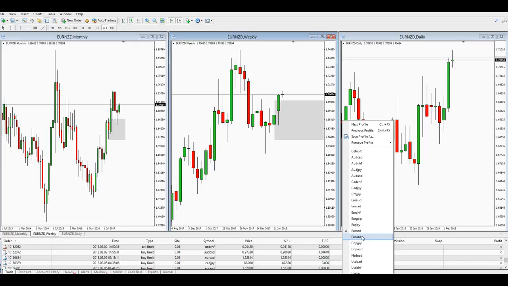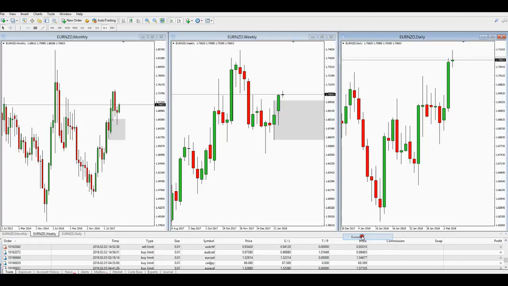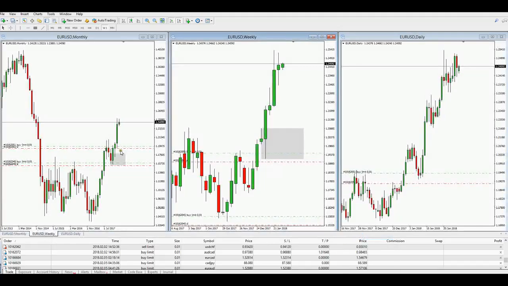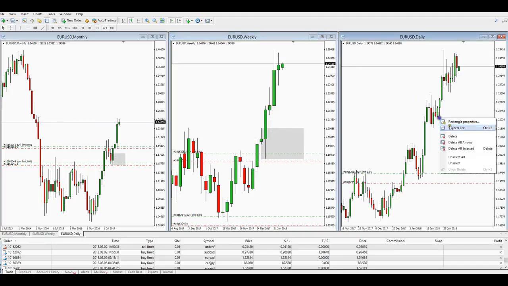There's plenty of opportunities, don't get me wrong, but I won't take them because I'm trying to filter my losses. Right, the euro dollar, monthly level, weekly level. This isn't a base because it closed above here, not a base that I would take. So now we're in sync, if you see what I mean.